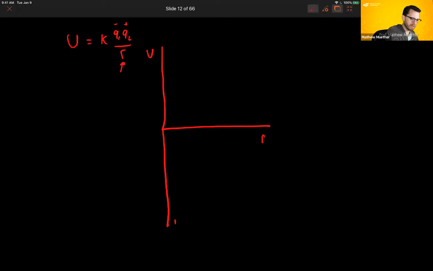This has got a negative value times a positive value, and the magnitude of that gets really large. I get to really large negative values. As R gets very large, again, I approach 0. And so I have a function that looks just like the positive version, but flipped over the x-axis. So as I'm approaching that dissimilar charge, my potential energy is decreasing. But again, as I move further and further away, my potential energy is running to 0.